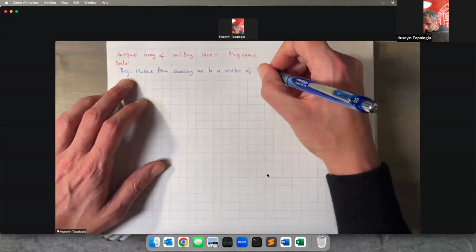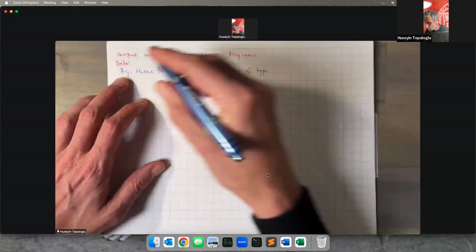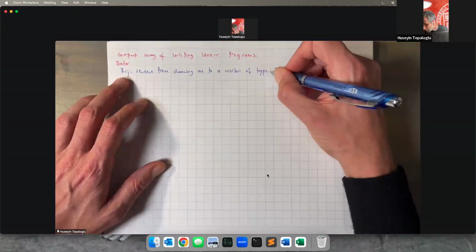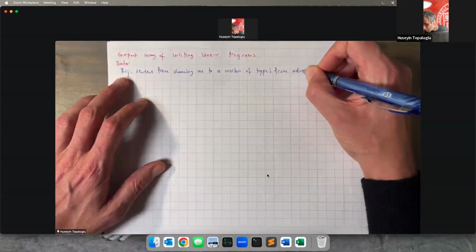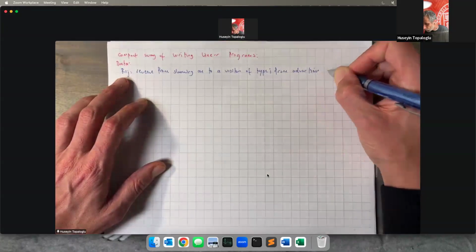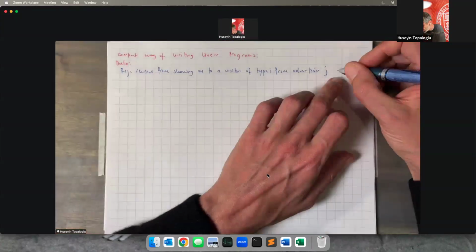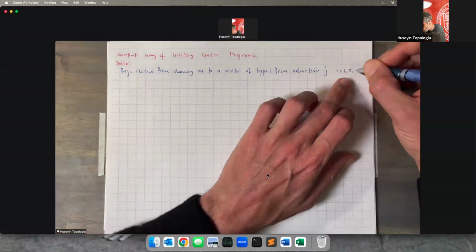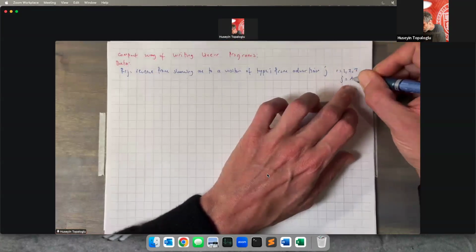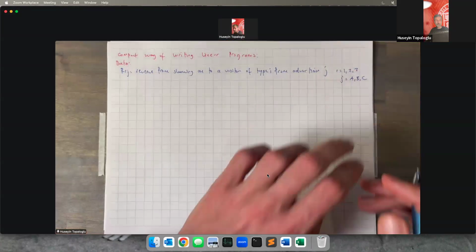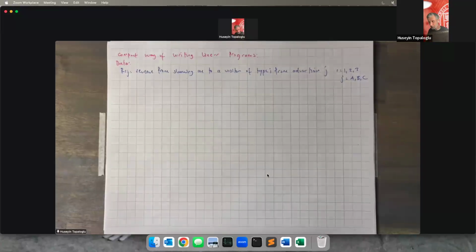And i is going to range over the visitor types 1, 2, 3, and j is going to range over the advertisers A, B, C. Okay, so that's one piece of data.